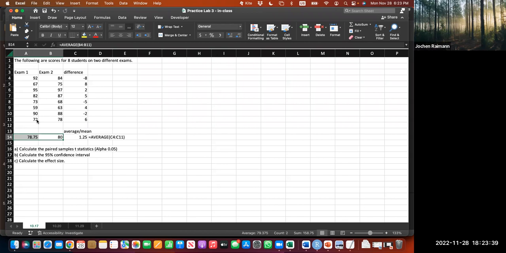So 80 minus 78.75 is 1.25, which is the same as the average difference. Some of you may look at me like I shouldn't be saying that, but it's sometimes important to visualize that. The second part equals the average of exam 1 minus the average of exam 2.